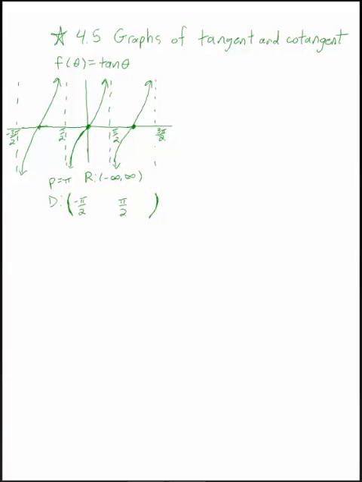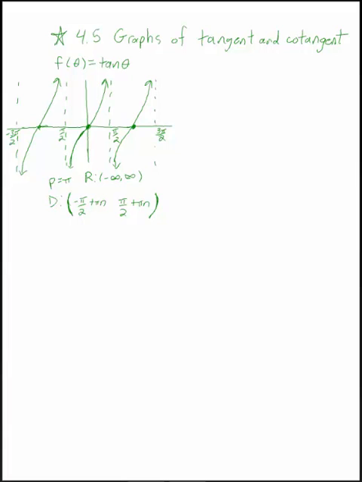Now notice I'm leaving myself space there. So I have to account for, okay, yeah, there's an asymptote at pi over 2, but where does the next asymptote occur? So the next asymptote occurs at 3 pi over 2, which is pi kind of down the x-axis. So I'm going to put plus pi n here. I'm going to do the same thing here.